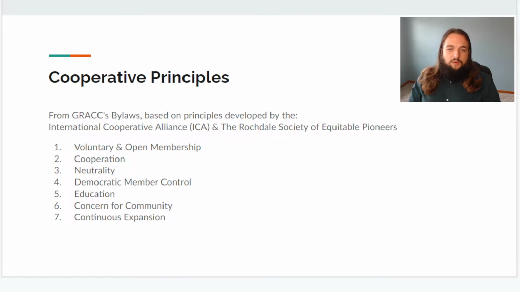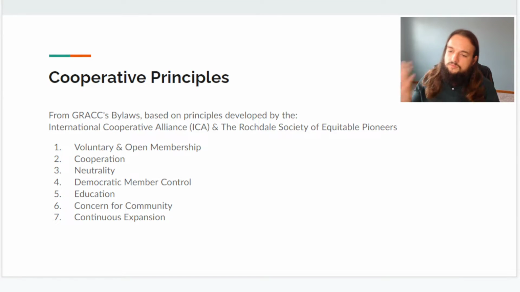The principles by which the Rochdale Society operated have evolved over the years into the cooperative principles we now use. These principles have been adopted by the International Cooperative Alliance and form the basis for the organization of cooperatives all over the world.